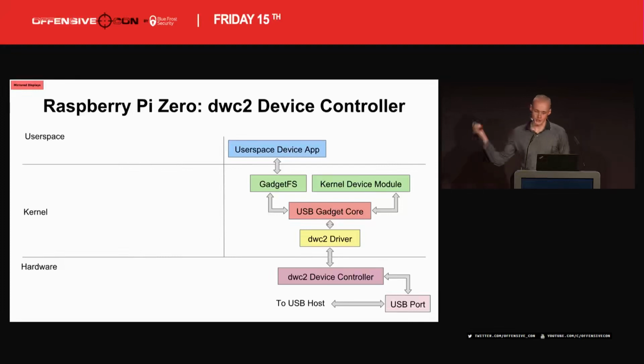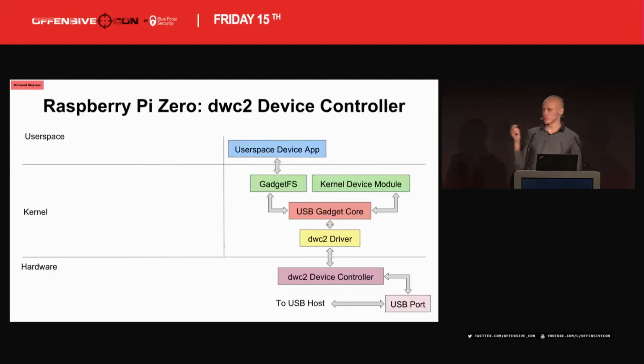You can use GadgetFS and write the keyboard as a user space app, or there are some standard modules that would allow you to do it inside the kernel, like a g_hid module that you can just load, and it's going to be a keyboard.